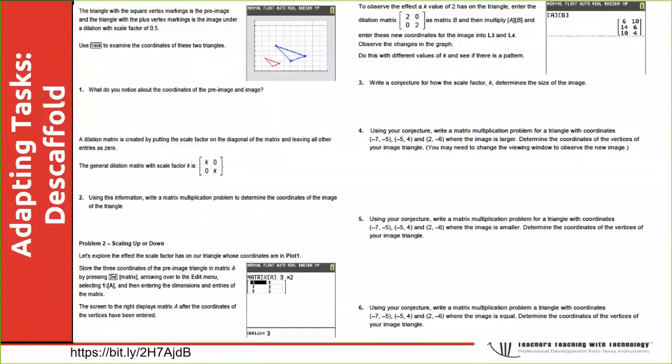And initially, when these activities were written, like I said earlier, we did not want the technology to stand in the way of getting through the activity, letting students focus on the mathematics.